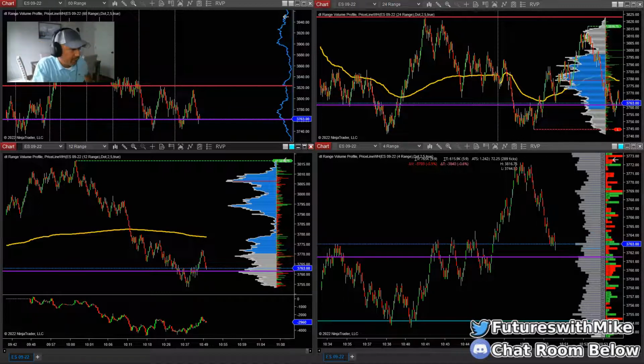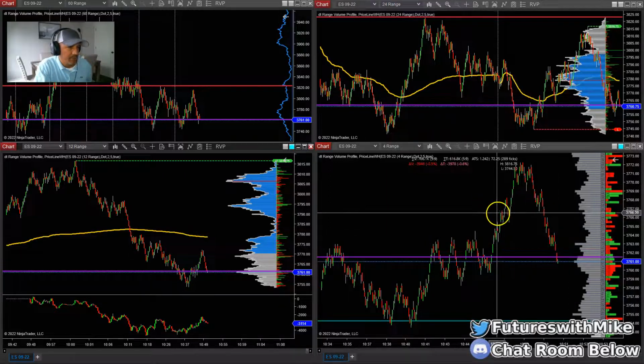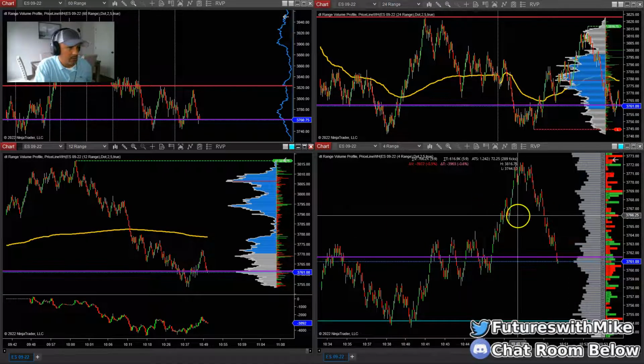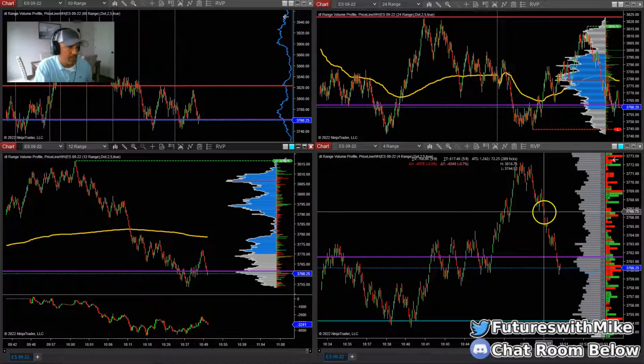So this could be a little tricky, this trade here. I probably would be more so looking for a short, if price can get a pullback.